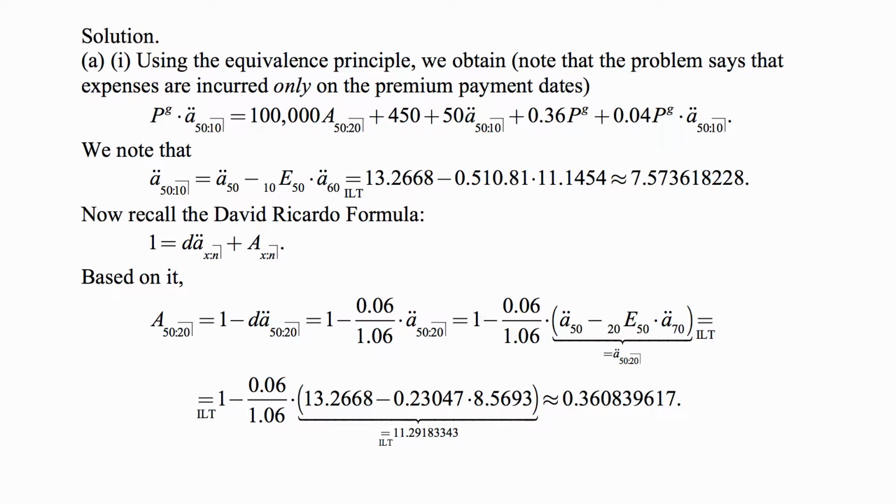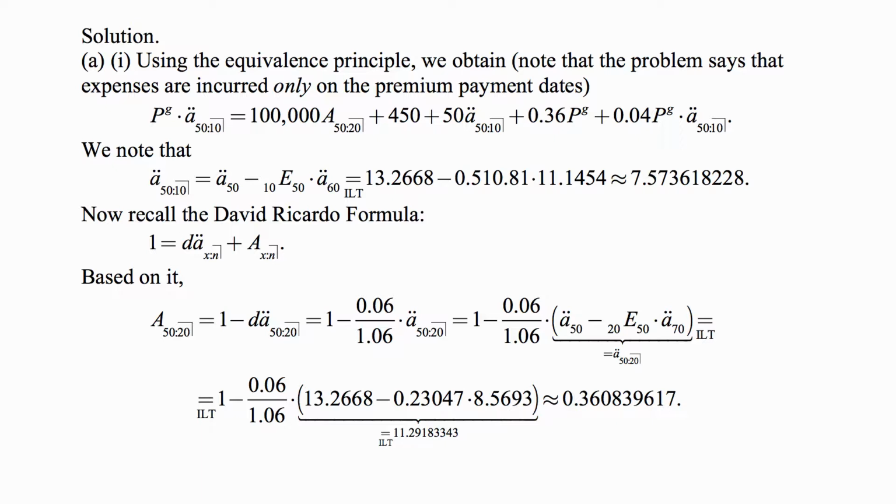Note that we split the first year expense into the part that is only in the first year and then the ones that are recurring expenses, so that the 500 from the first year becomes 450 that is only in the first year and 50 that is in every year after that, so that we can write this as an annuity due.